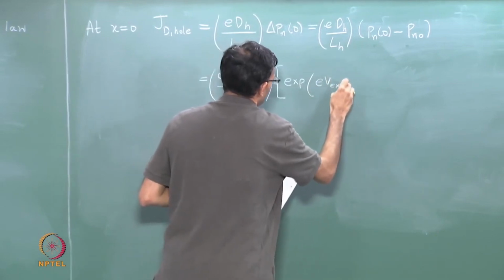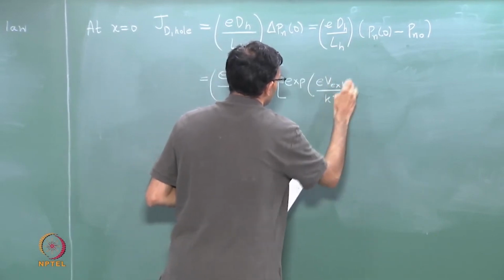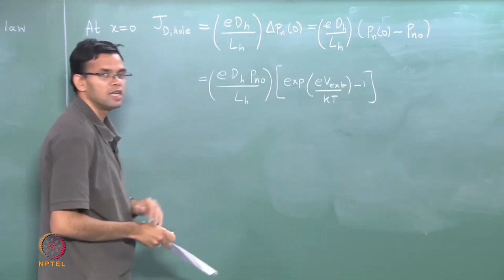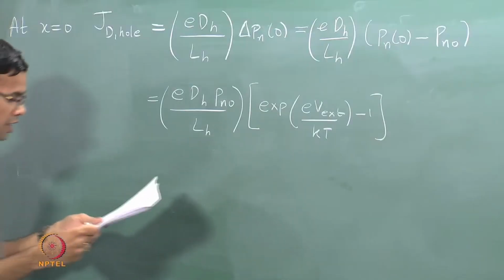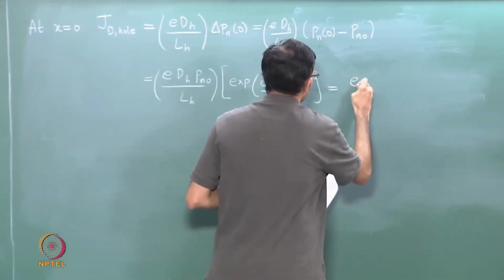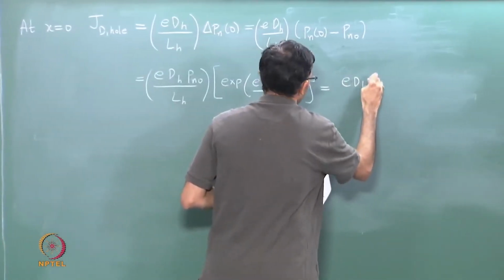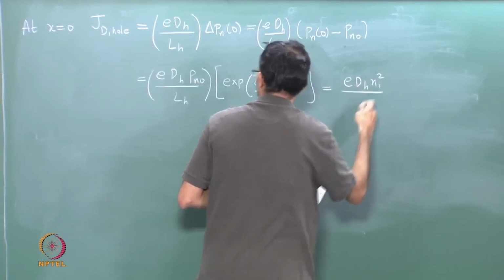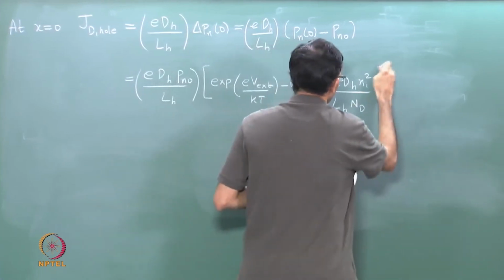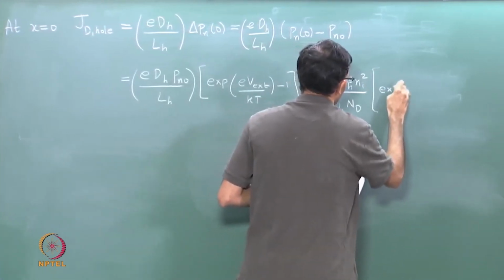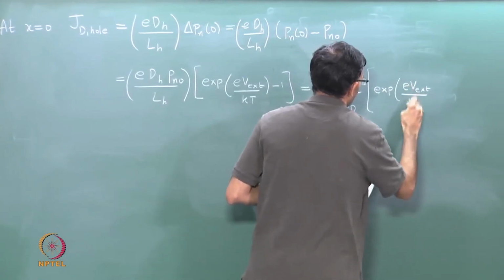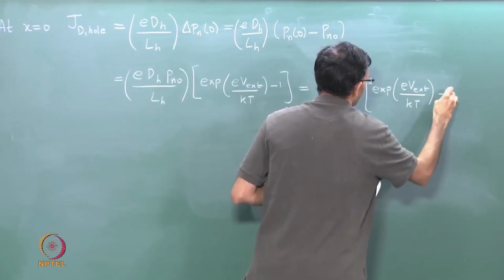EV external over KT minus 1. Pn naught is nothing but Ni square over Nd. This expression becomes E dH Ni square over LH Nd times exponential EV external over KT minus 1.